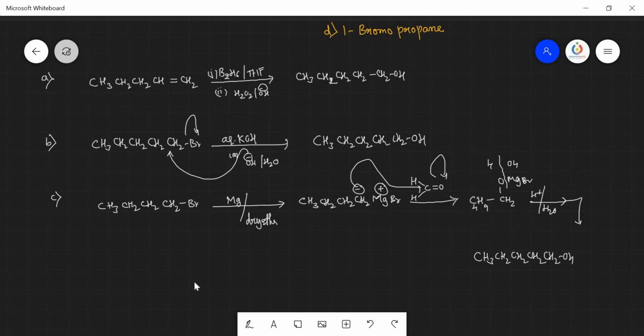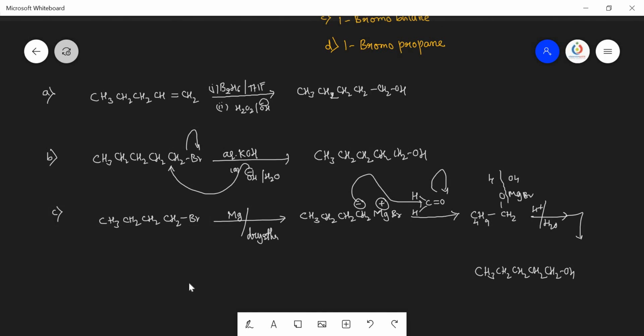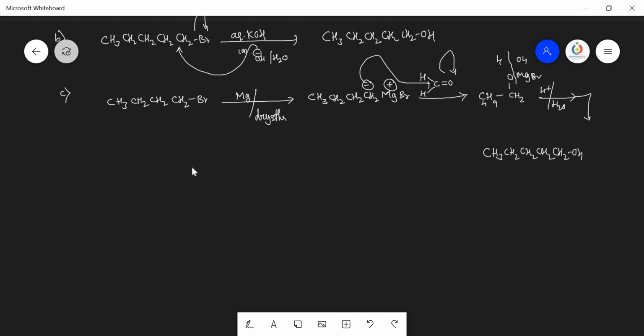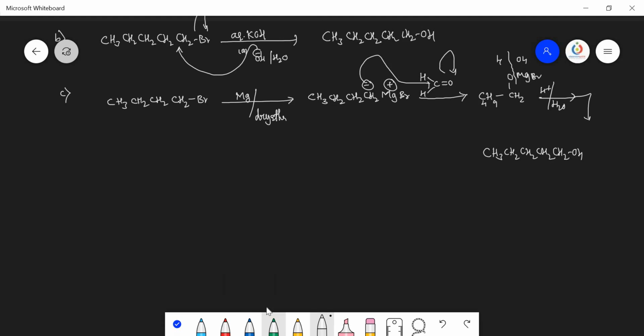Now they're asking about 1-bromopropane. So still it has a smaller number of carbon atoms. Now two carbon atoms are less. So when two carbon atoms are less, how do we create the molecule?